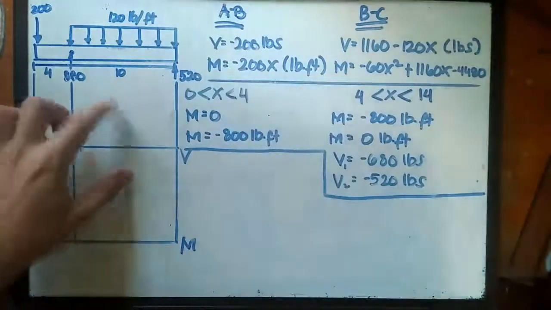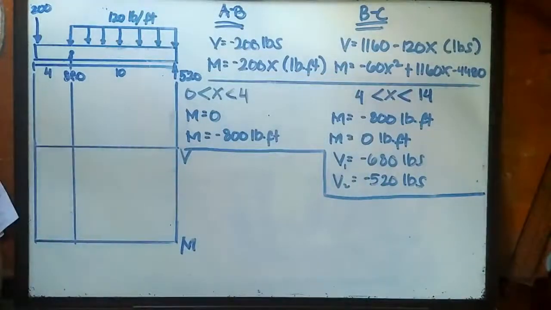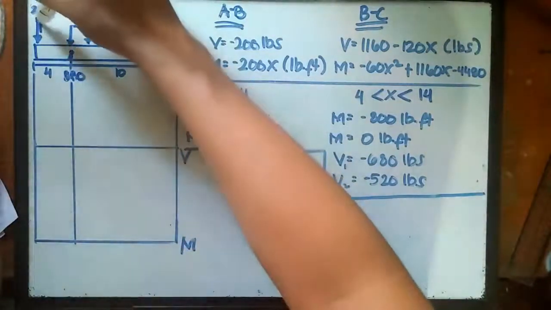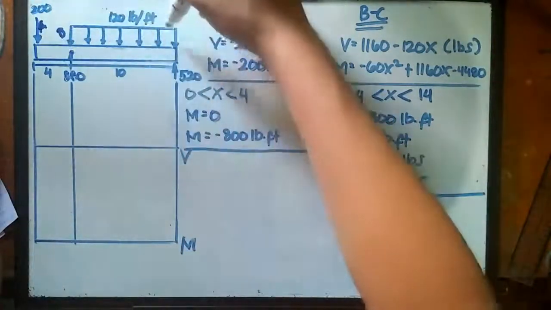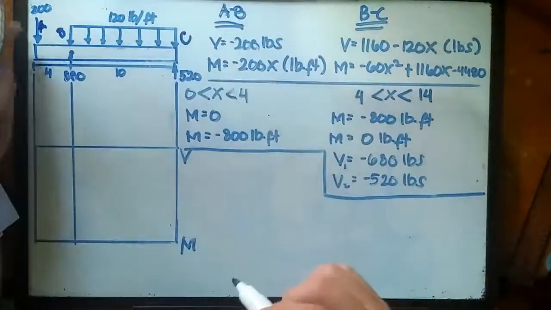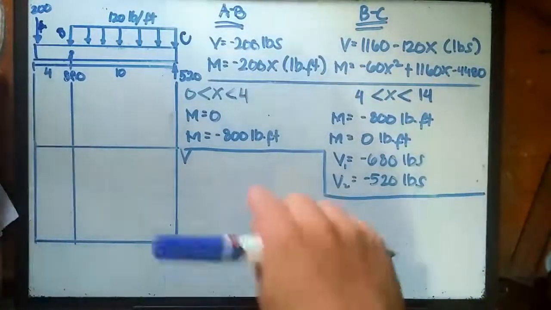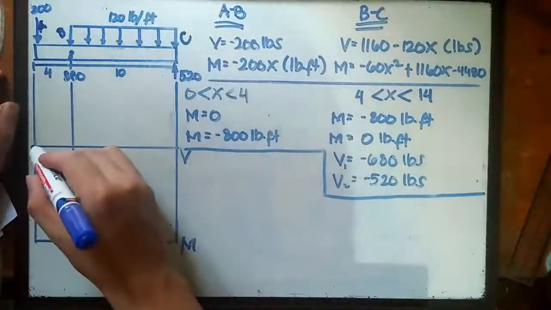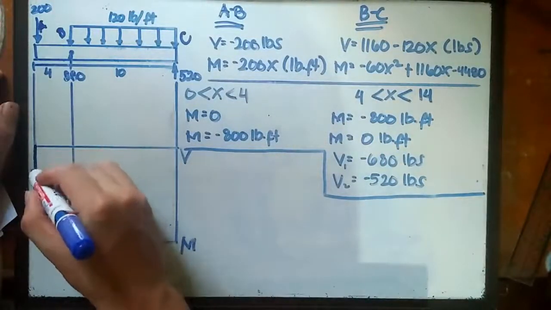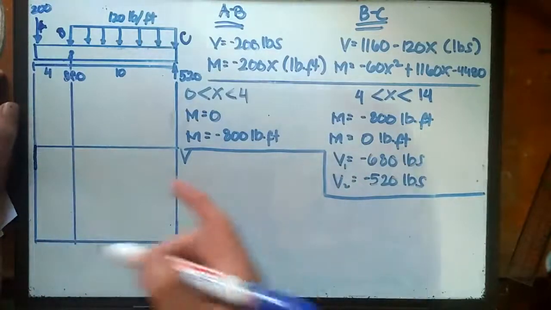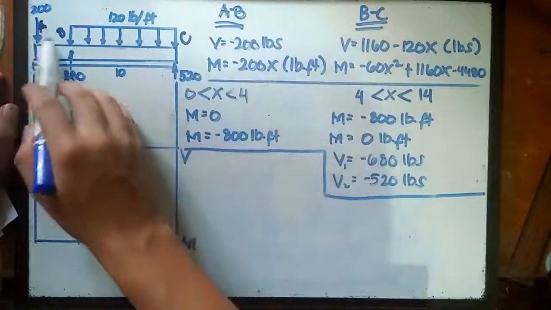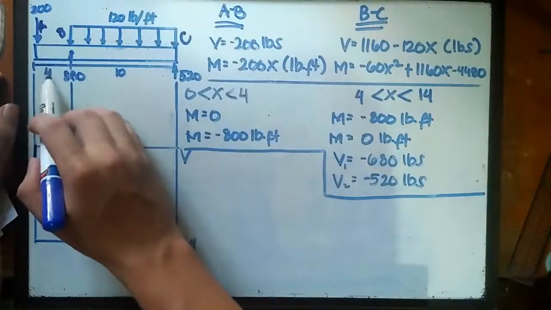So let's go here to our diagram. This is point A, this is point B, and this is point C. At point A, we have a load acting downward, so that should be negative. So we're going down 200, and before going to segment BC, there are no other loads imposed on this length of 4.